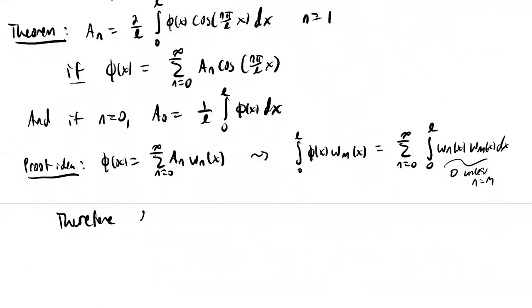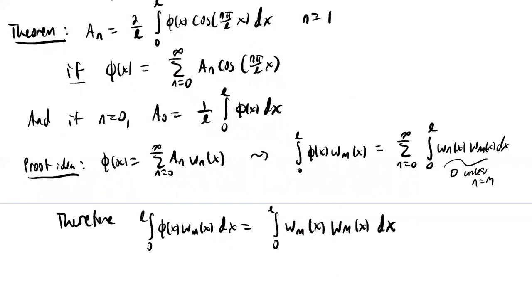if I look at the integral from 0 to L of phi of x times wm of x dx, this is equal to, well, the only non-zero term that appears in the infinite sum is when n is equal to m, right? So it's equal to the integral from 0 to L of wm of x times itself, since the other terms vanish.